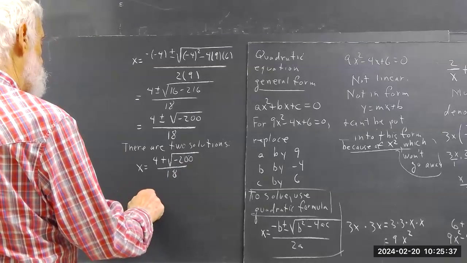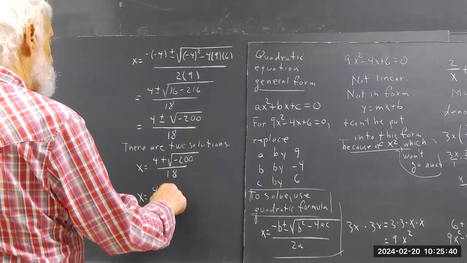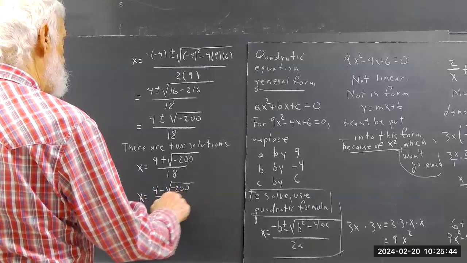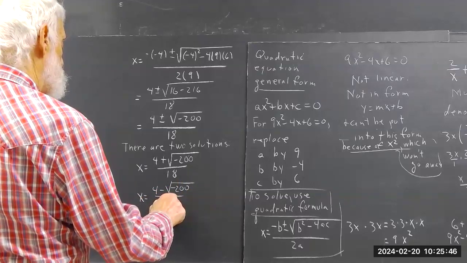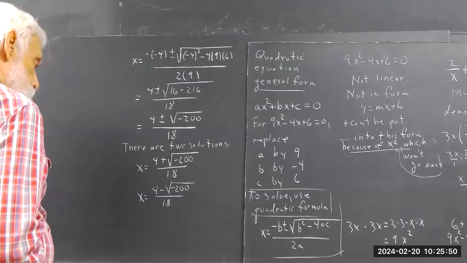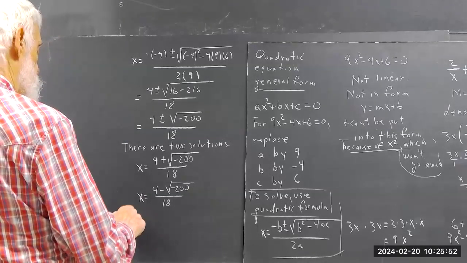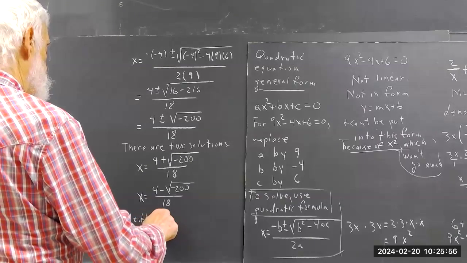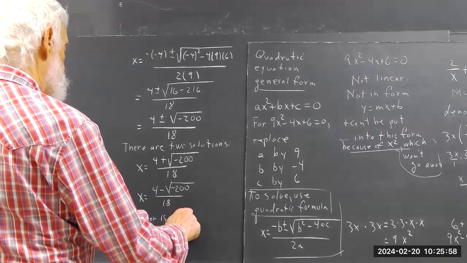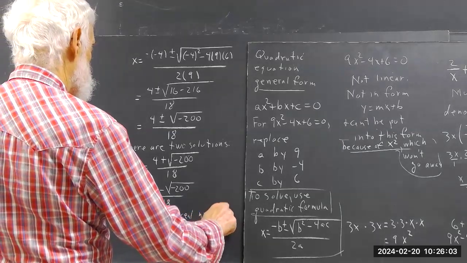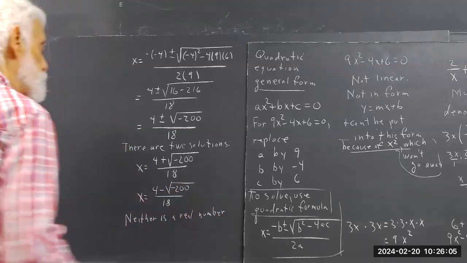And X equals 4 minus the square root of negative 200 over 18. Neither of these is a real number.